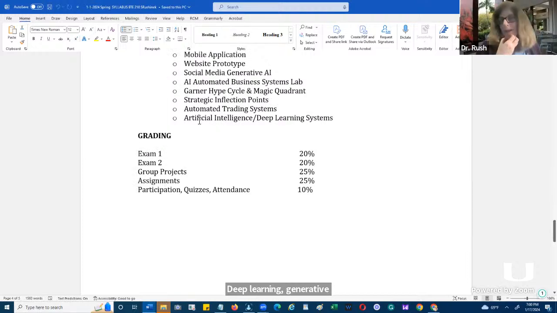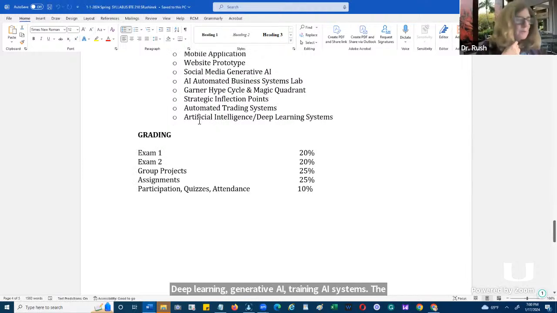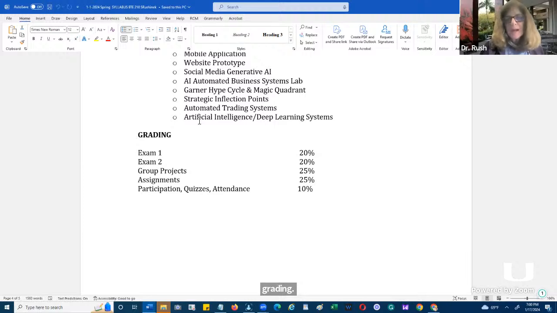The grading. Everybody wants to know about grades. Everybody is concerned about grades. Everybody wants to get the best grade possible. I understand. This is the grading. We have 2 exams. Those 2 exams will be in person. One exam will count 20%. The second exam will count another 20%.